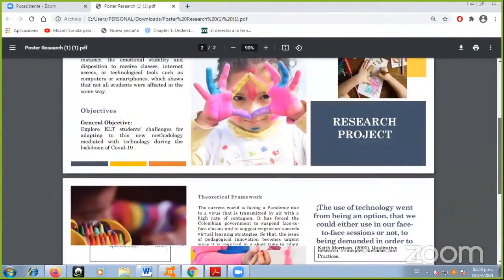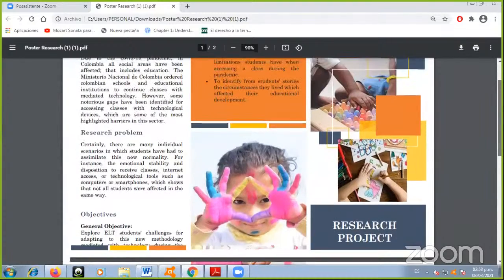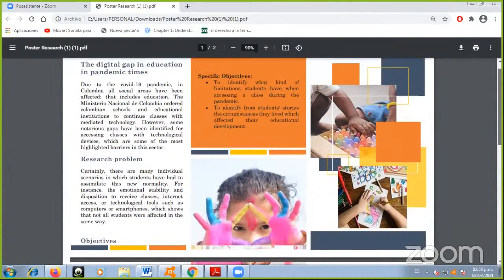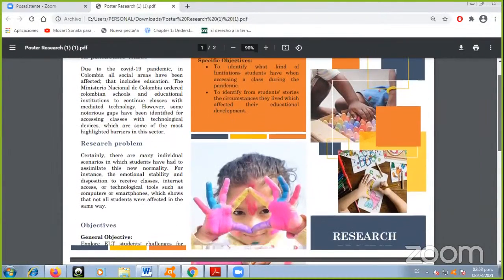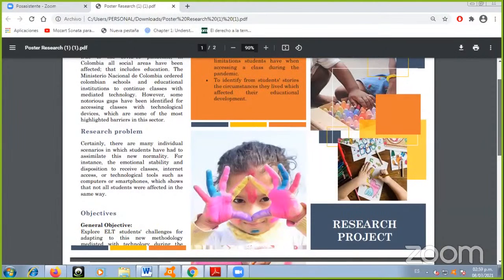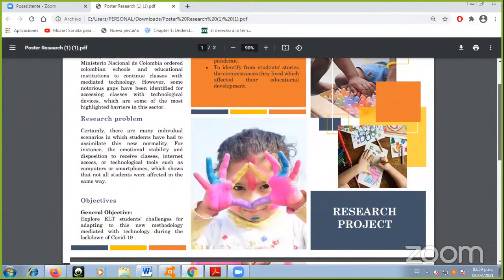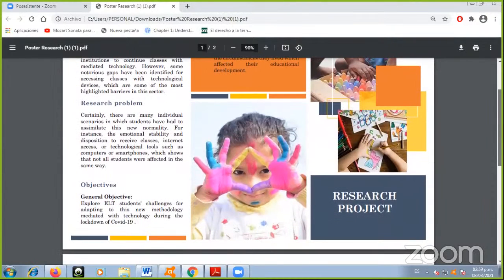Okay, thank you. So this study is also narrative, right? Yes, Professor. How many people are you going to have as participants? How many people do you plan to have?